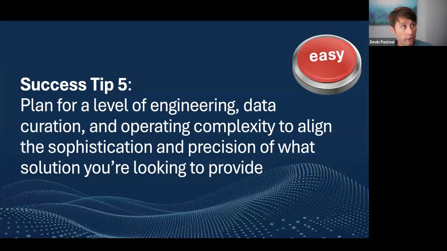And so our final success tip: plan for a level of engineering and data curation and operating complexity to align with the sophistication and precision of the solution you're looking to provide. If there is one takeaway here, we are not yet living in a world with an AI easy button solution.